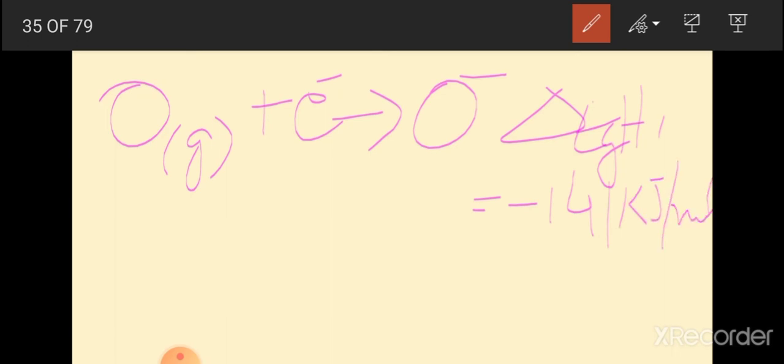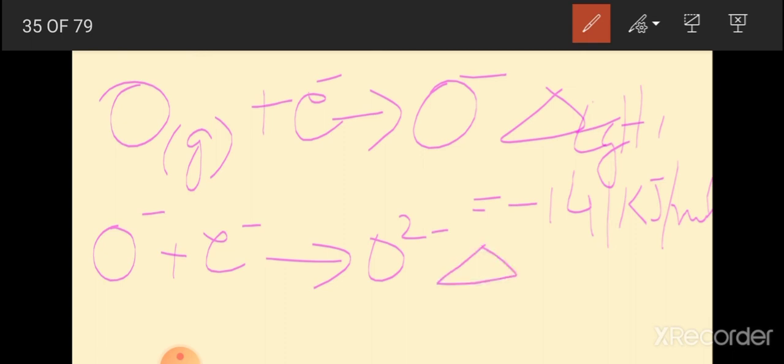Let's see its second reaction. When to O minus we are adding the other electron, it is forming O2 minus, and this delta Eg H is now going to be positive, 780 kilojoule per mole.